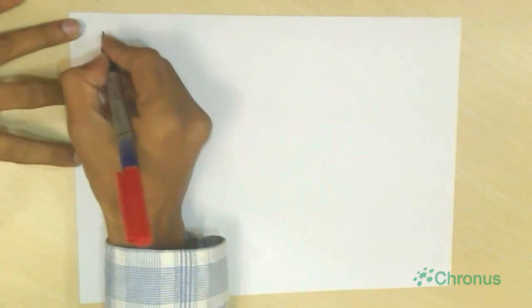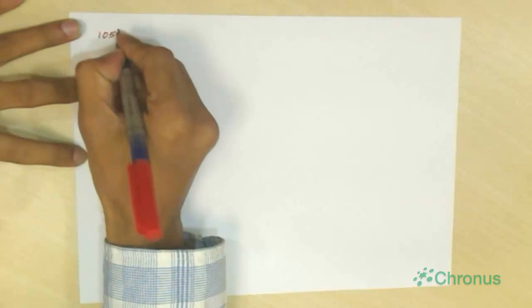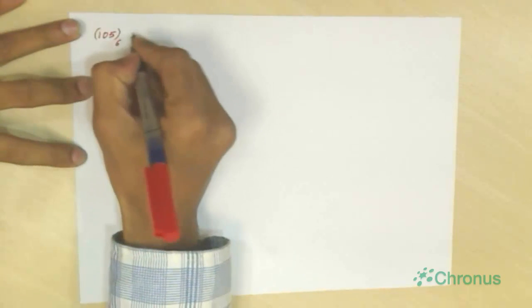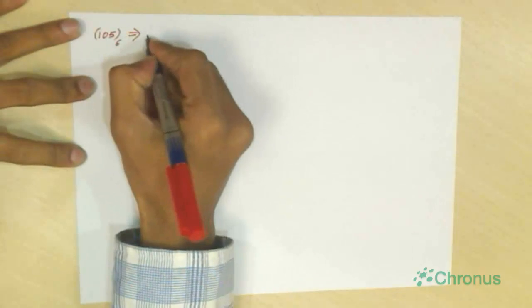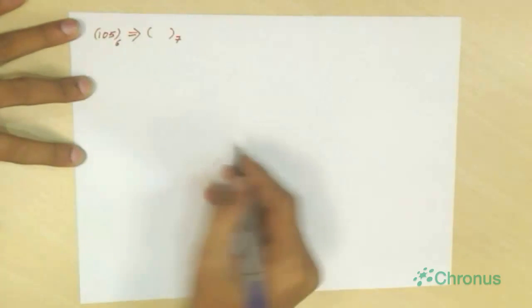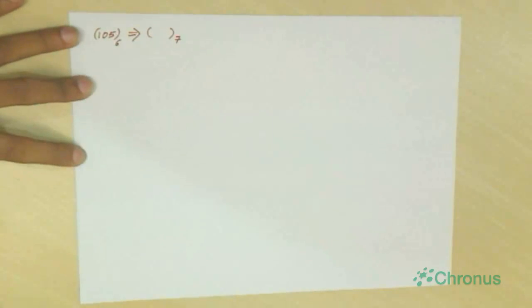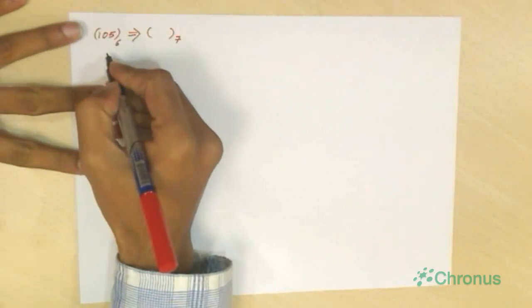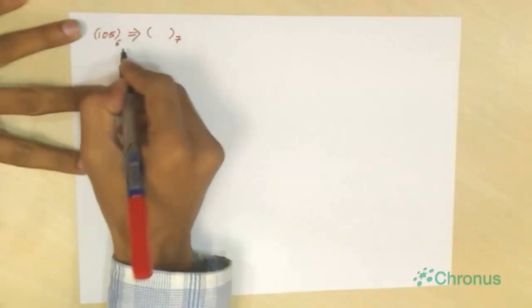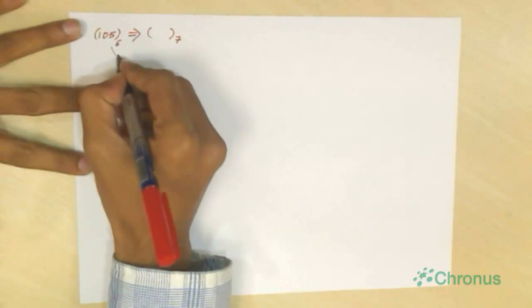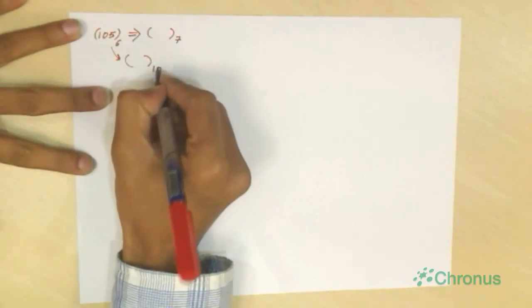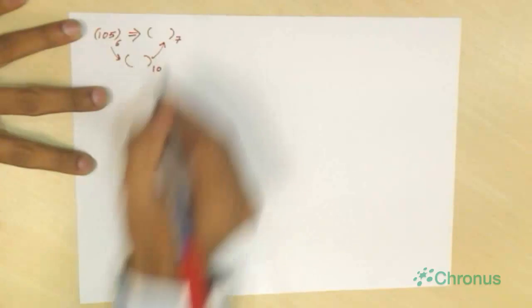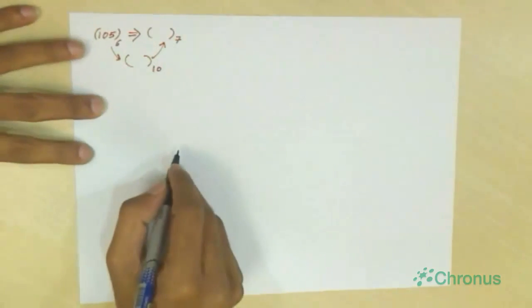Now let's move on to converting one base number into another base number. Let us say we have 105 to base 6, and we are to convert it into base 7. As we discussed in the video on the concepts, to convert one base to another base, we first convert it into base 10, the decimal system, and then we convert the decimal system into the base we require.